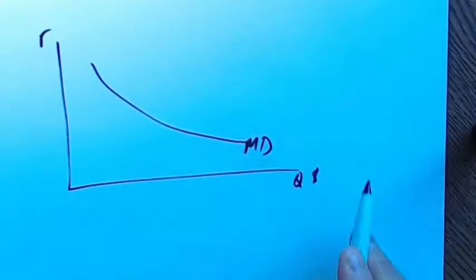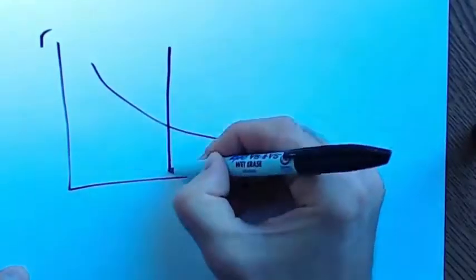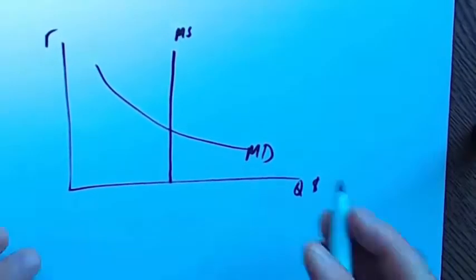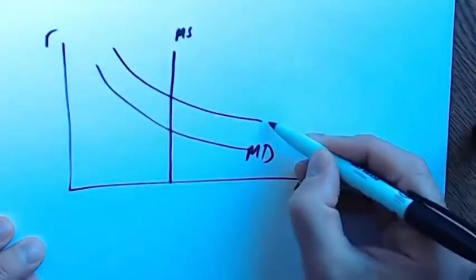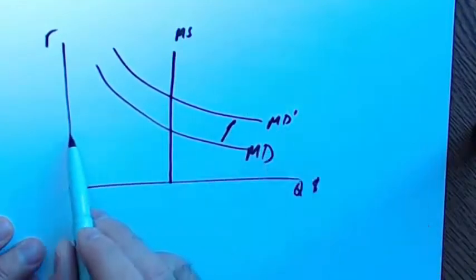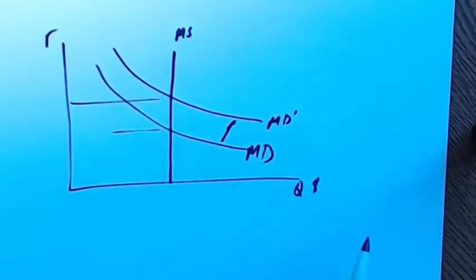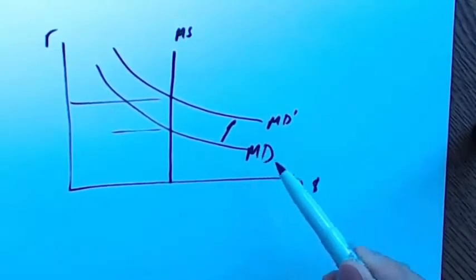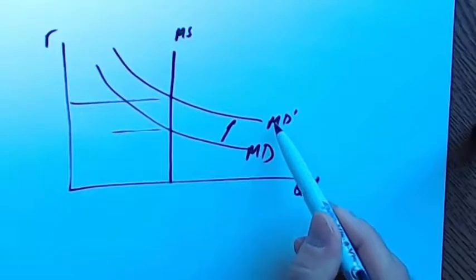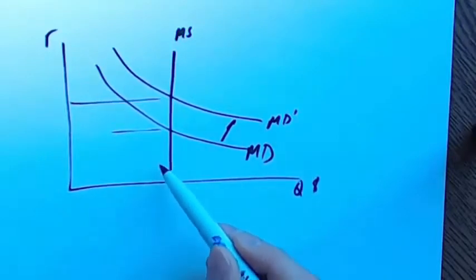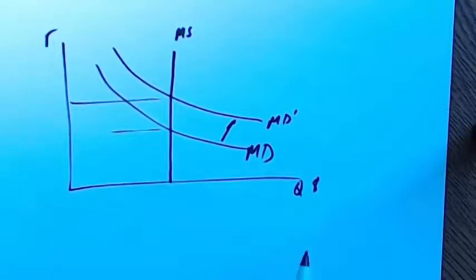If we have an increase in GDP, it means there are more transactions happening, we have more activity in the economy, then that's going to cause the money demand to go up and interest rates to go up, all else being equal. We're going to have a higher interest rate with higher activity in the economy. So when real GDP goes up, money demand will go up, and if real GDP falls, money demand will go down and interest rates will start to fall. So there's like a correcting mechanism there, if you can see that.